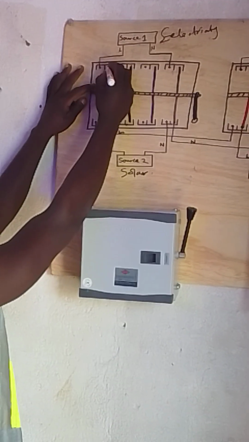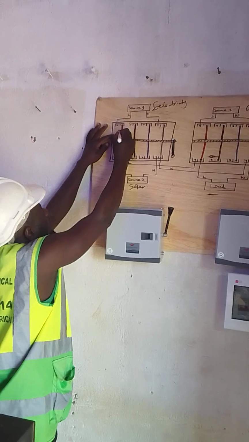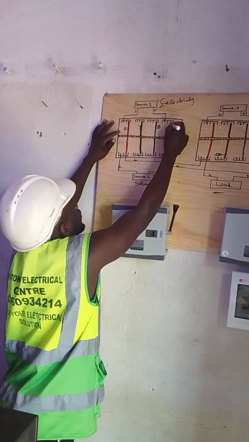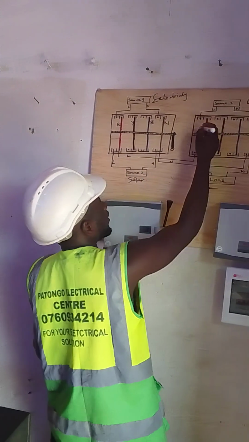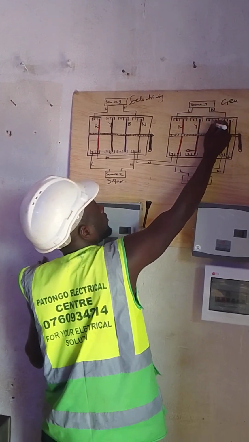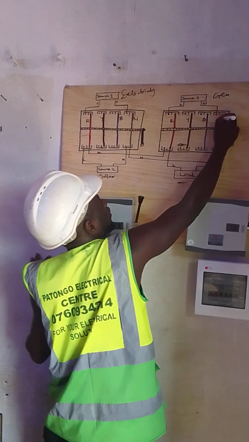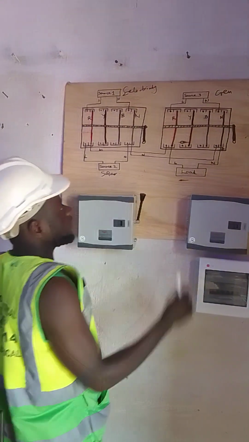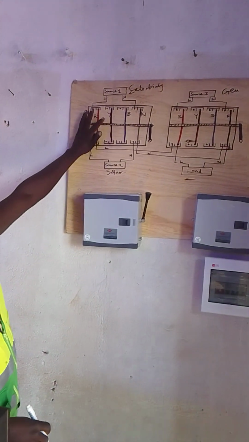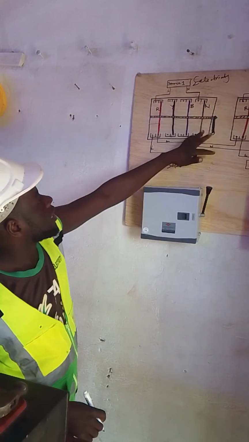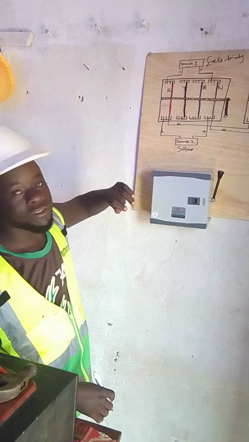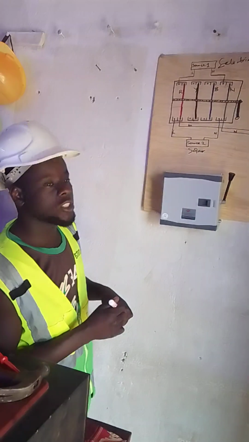So this is our red, yellow, blue, and neutral. Also here we have red, yellow, blue, as well as neutral. So guys, if you look at this connection very well, it looks so complex, but it's a very easy connection.